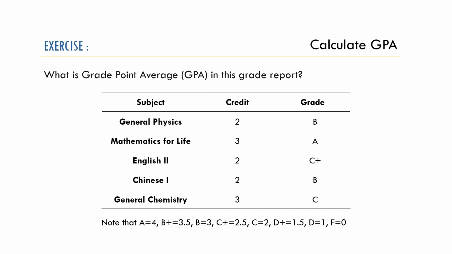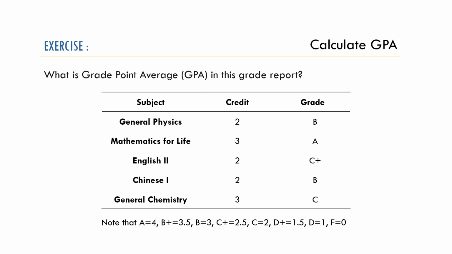For example, A is 4, B plus is 3.5, B is 3, C plus 2.5, C is 2, D plus 1.5, D is 1, and F is zero. And to calculate, you have to multiply your grade by your credits.